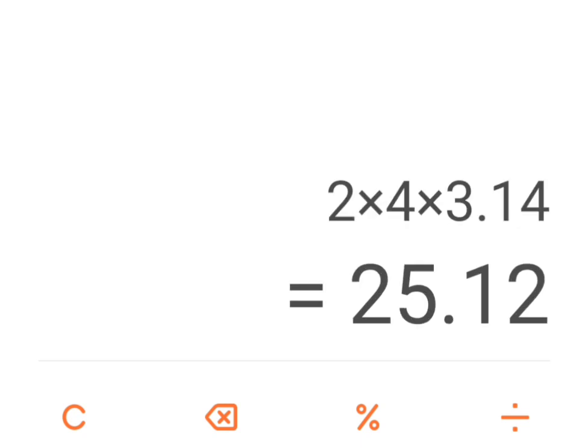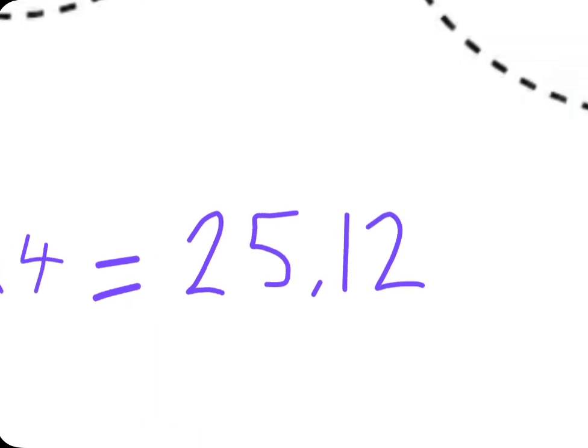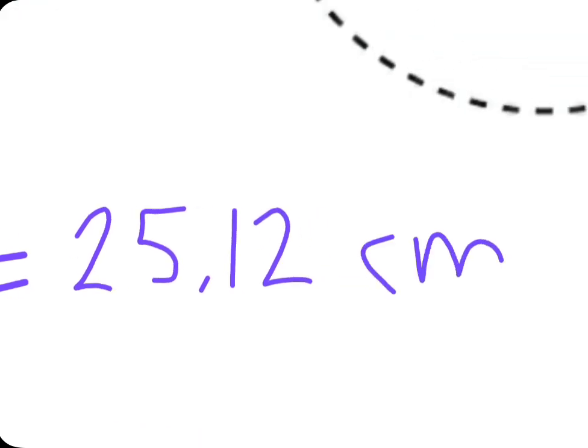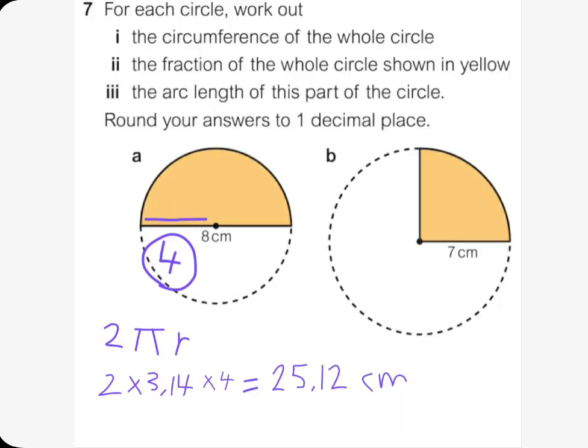Now, when we round 25.12 to the first decimal number, it's going to be 25.1. Very good. Now, let's go write it. So the answer will be 25.12 centimeters. So this is the first part of the question, finding the circumference of the whole circle.